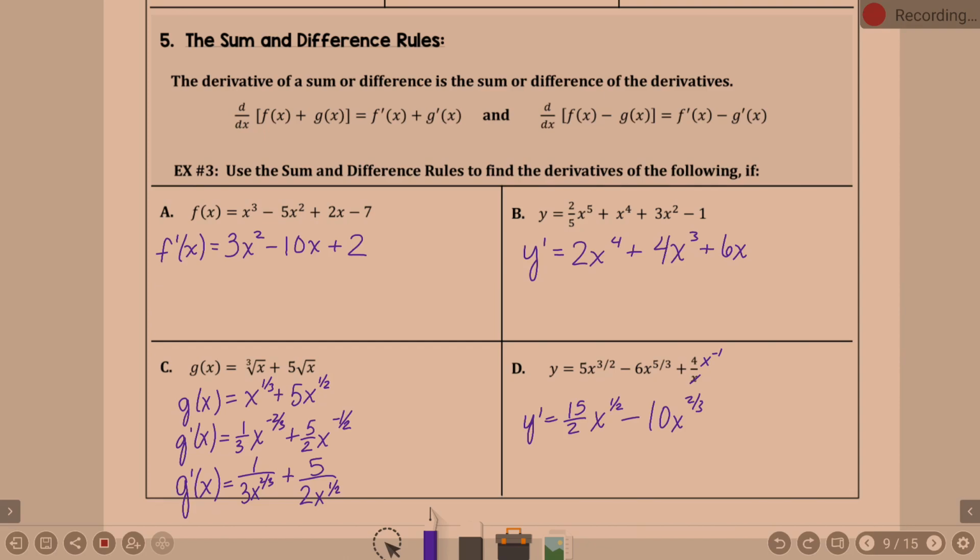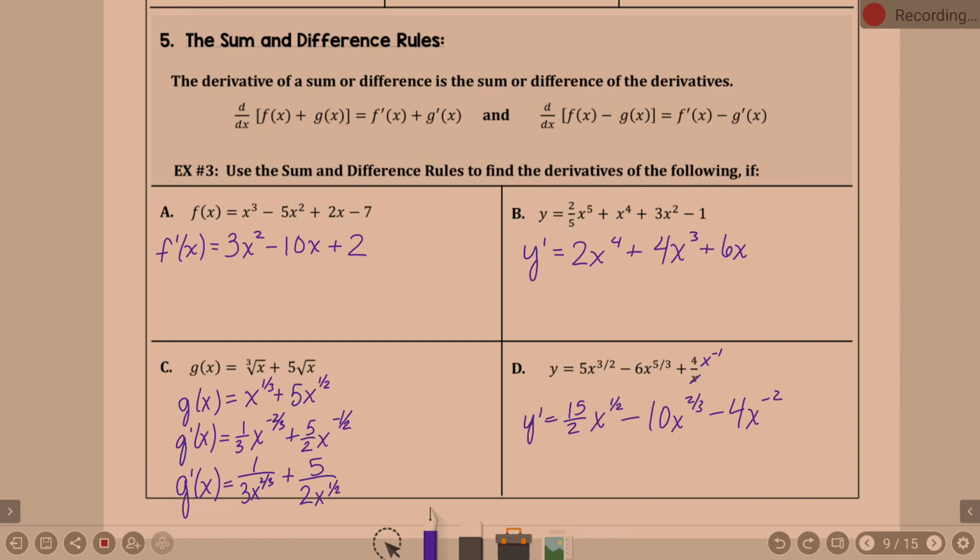Okay. And 4 over x gives negative 4x to the negative 2. Remember, instead of 4 over x, I thought of it as 4x to the negative 1.